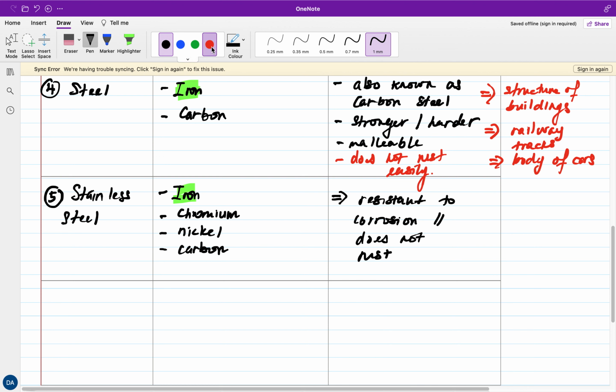The main uses of stainless steel is to make surgical instruments and cutleries, or you can say cooking utensils as well.